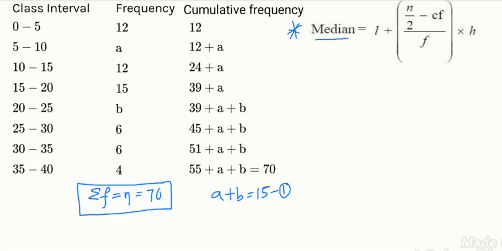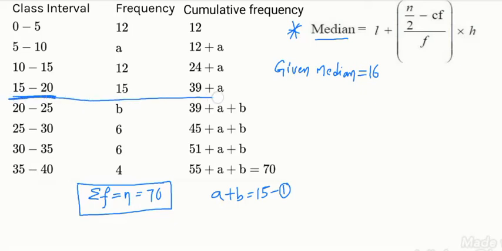Before finding L, N, CF, F, H, you have to know what the median class is. You have to find the median class. They have given in the problem that the median is equal to 16. In the problem itself they gave 16 as the median. So 16 will lie in this interval.